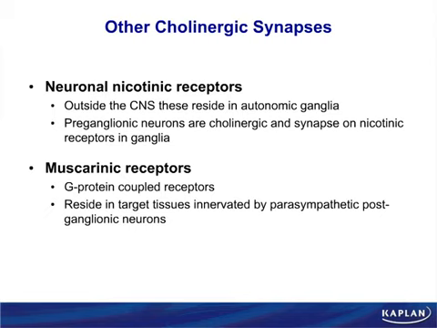Postganglionic parasympathetic. So preganglionic, for both sympathetic and parasympathetic, they're cholinergic neurons. The synapse, the receptor in the ganglion, nicotinic neuronal. Postganglionic parasympathetic have acetylcholine, and this acetylcholine binds to muscarinic receptors, which are G-protein coupled receptors. Most of the postganglionic for the sympathetic are norepinephrine.